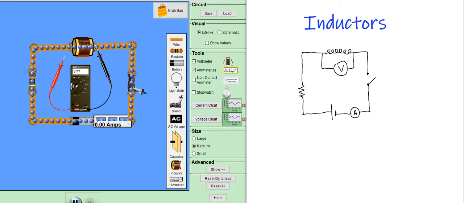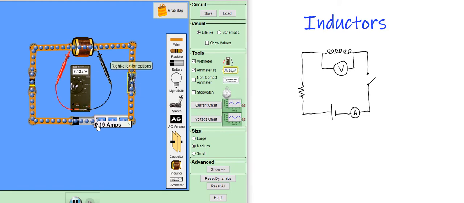So let's close this and keep a close eye on what's happening around here. Now there's some weird bug when you first start it, but it should go away. Okay, so I see the current is increasing and the voltage is dropping. The current is increasing, but the rate of change is decreasing.